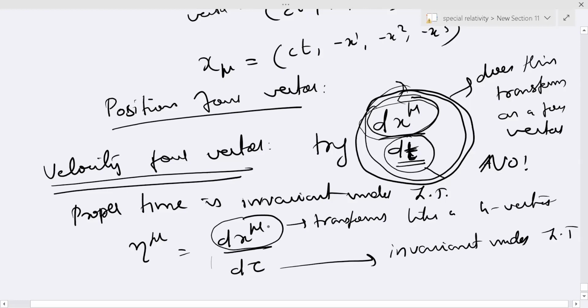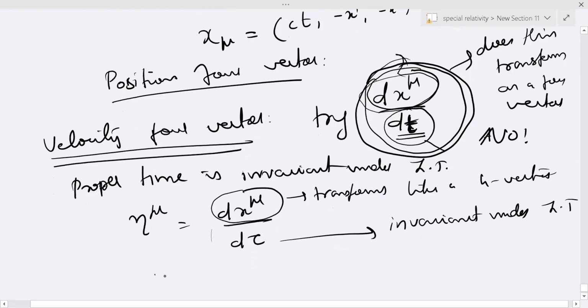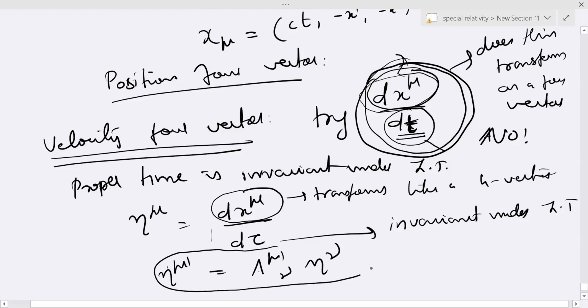So we can write the transformation property as eta^mu' equals lambda^mu'_nu eta^nu. This transformation property is satisfied by dx^mu by d tau, but not by dx^mu by dt. So this is known as the velocity four-vector.